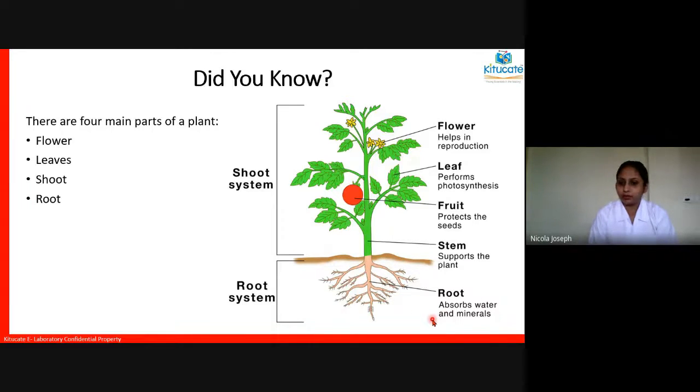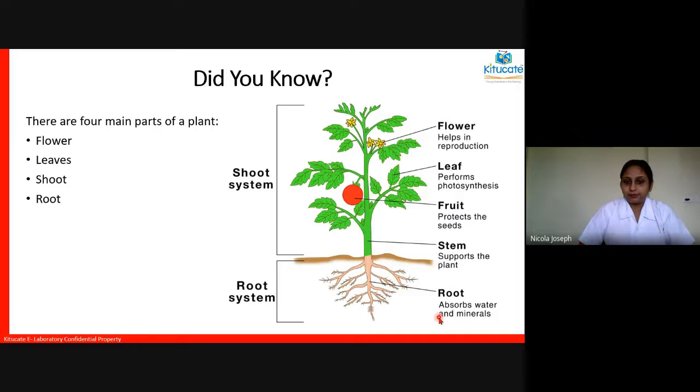Okay, so these are the two functions of the root. What about the stem? The stem holds the other parts of the plant, like the fruit, the leaf, the flower, and it also carries water, minerals, and food to the other parts of the plant. Okay, the leaf prepares food for the plant.